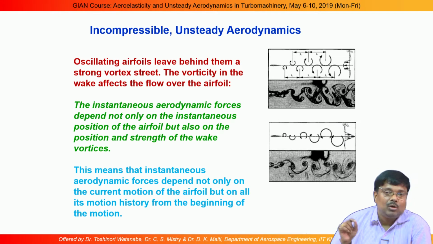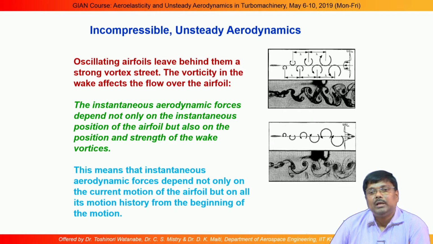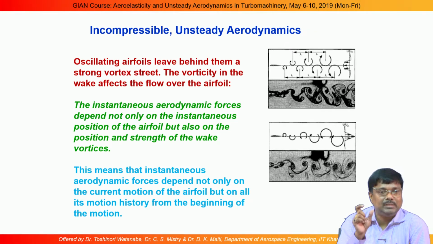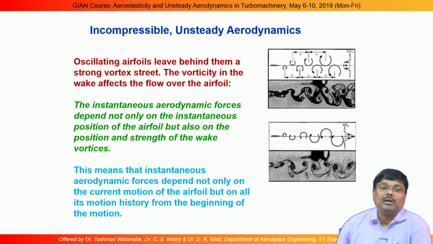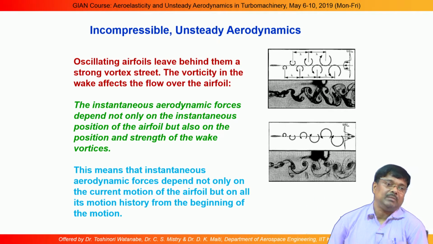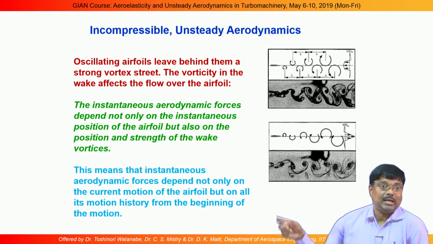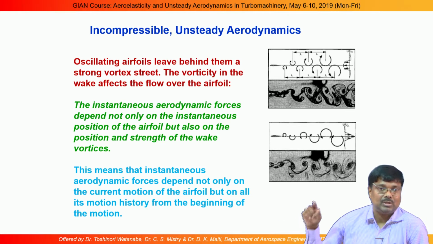That is why the unsteady aerodynamic load is no longer a real number, it is a complex number. The real part is the instantaneous force. The imaginary part is the lag effect, because I can convert the imaginary part into a time lag.